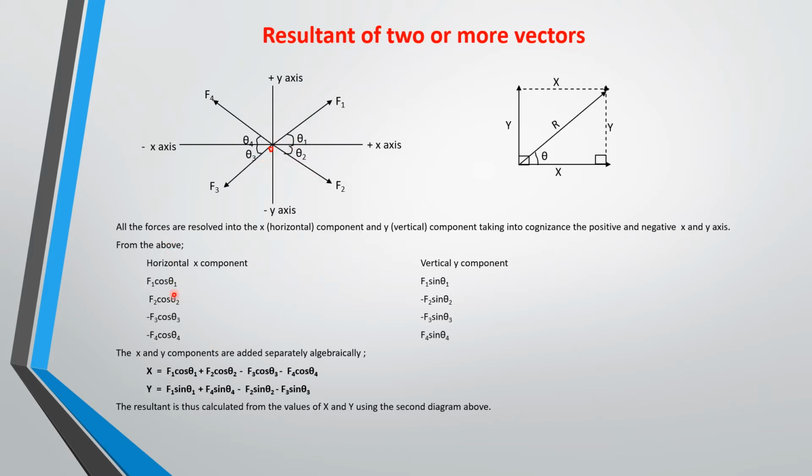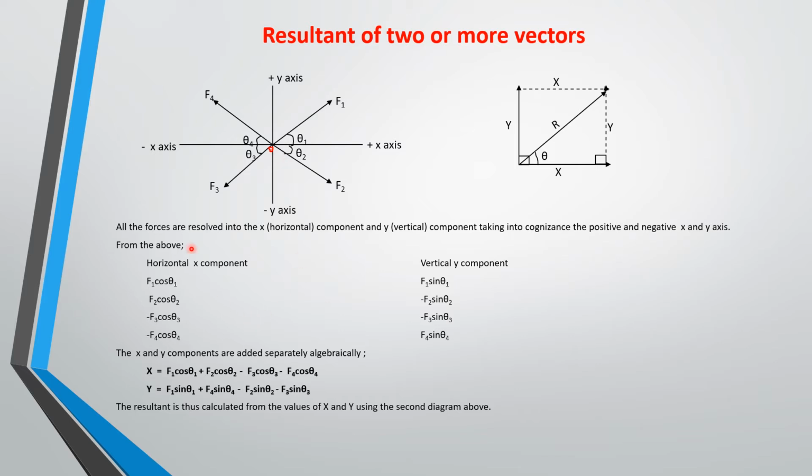After you have gotten the horizontal and vertical components, you add up the components separately: add up all the x components and all the y components of the forces. From there, you can find the resultant of all these forces acting at a point.